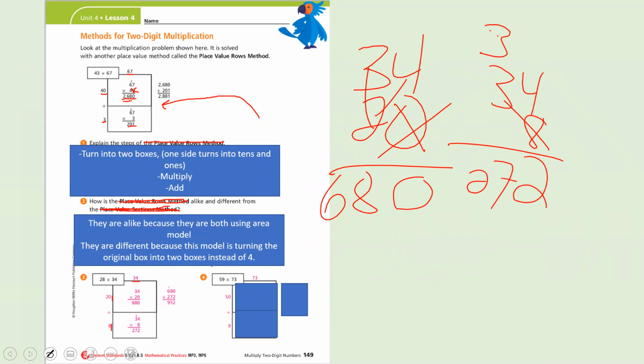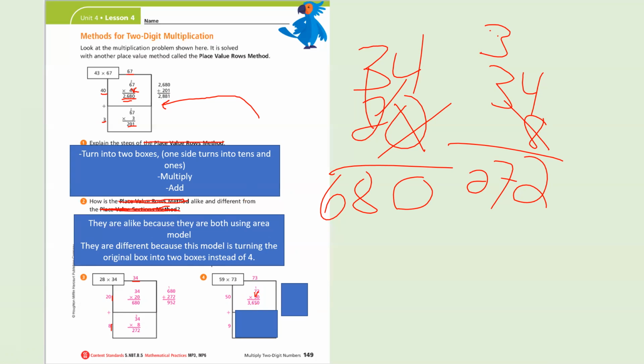Looking at 4 using this method, 73 times 59, we take 59, break it into 50 and 9, and you multiply. You multiply first 73 times 50. 73 times 50 is the same thing as 73 times 5, and then you add the 0 to your answer. First is 5 times 3, which is 15.